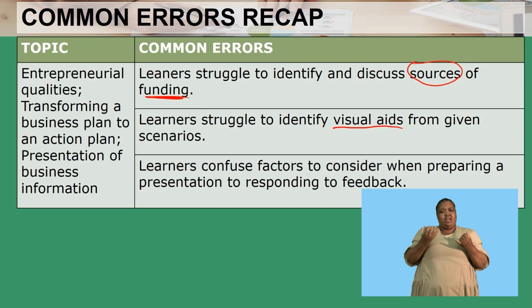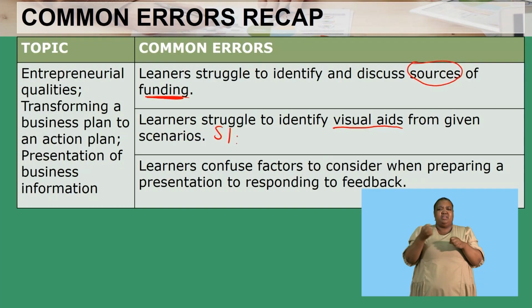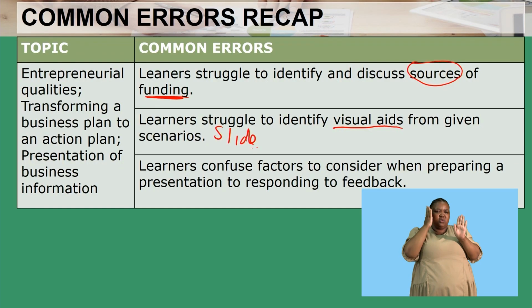So you need to then go back and check what are the different visual aids that we have. This will then make it easy for you to see it in a scenario. For instance, if I talk about a slide, you must know where slides are used. So you will then remember to say, okay, the visual aid referred to here might be a PowerPoint or even a data projector.